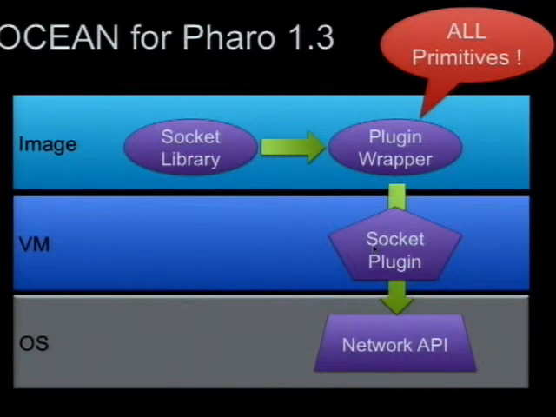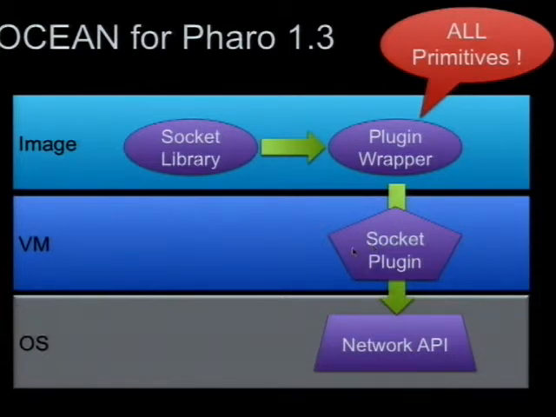For some reason, lots of them that are useful were hidden. So thanks to Yannick, we identified some missing primitives and made them available, and we used the socket plugin to discuss with the operating system to allocate sockets and to do all the low-level interaction. So this is our goal for Pharo 1.3.